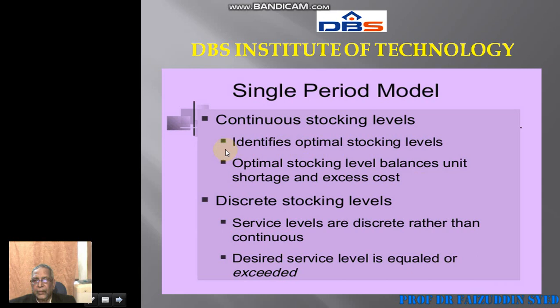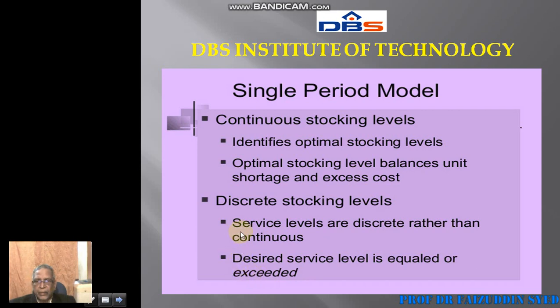In this single period model, a continuous stocking level is maintained. That is, it identifies optimal stocking levels. Optimal stocking level balances unit shortages and excess costs. The other thing is discrete stocking levels.